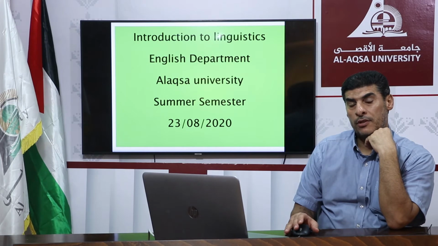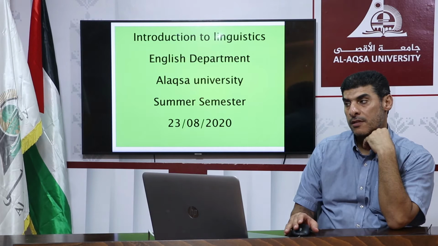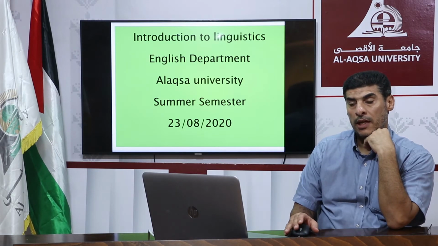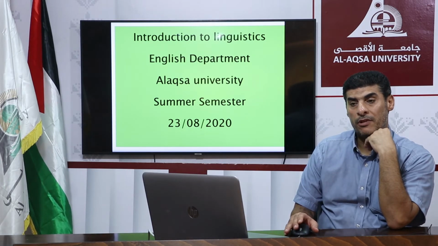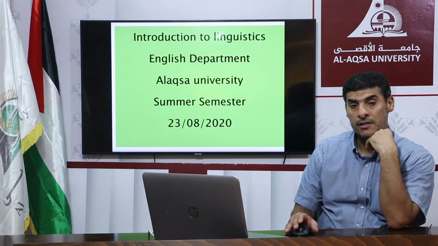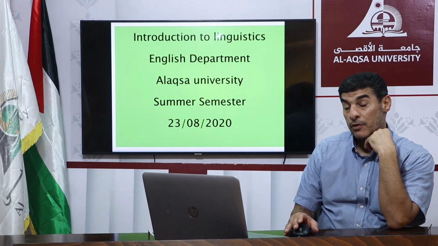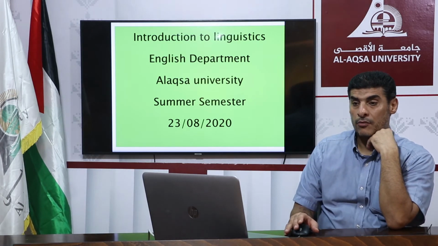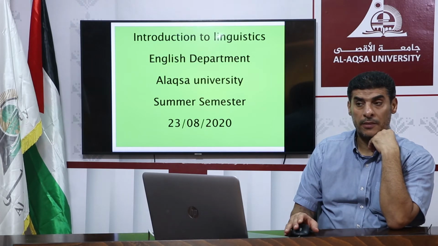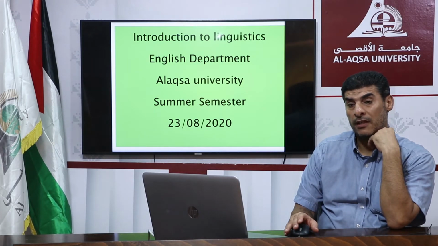Today I am going to talk about the rest of the phrases in English. I think during the last week we dealt with the verb phrase and noun phrase, and last lecture I talked about the different types of verb phrase and the types of verbs in English, and we said there are about 5 types of verb in English.